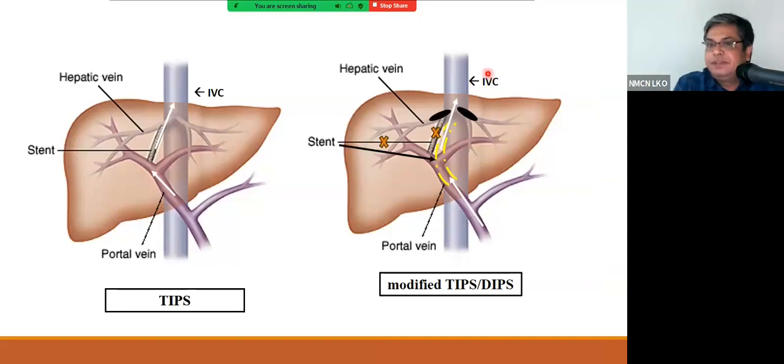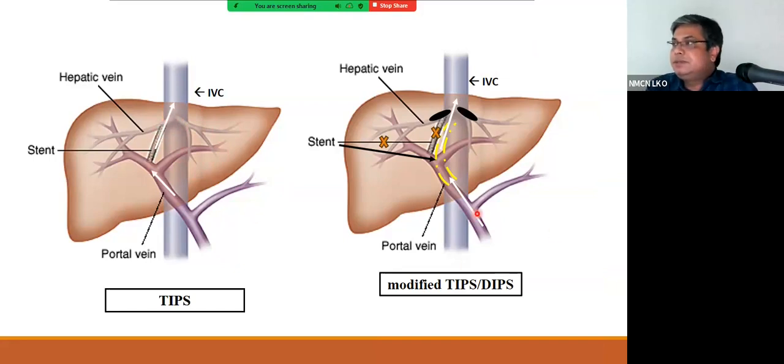So in those cases where we can't perform angioplasty or stenting, or where we have to do straightforward TIPS, how do we do it? In conventional non-BCS CLD, we do TIPS, and in such cases hepatic veins are patent, and this shunt pathway is created from the hepatic vein to the portal vein.